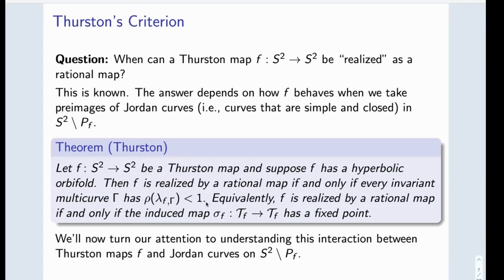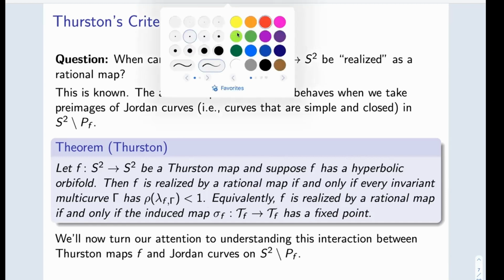And this realization is up to some kind of topological conjugacy. So, F will be topologically conjugate to some rational map, but it won't quite be normal conjugacy, because what we need, I guess, is 2 maps that are isotopic relative to postcritical set.